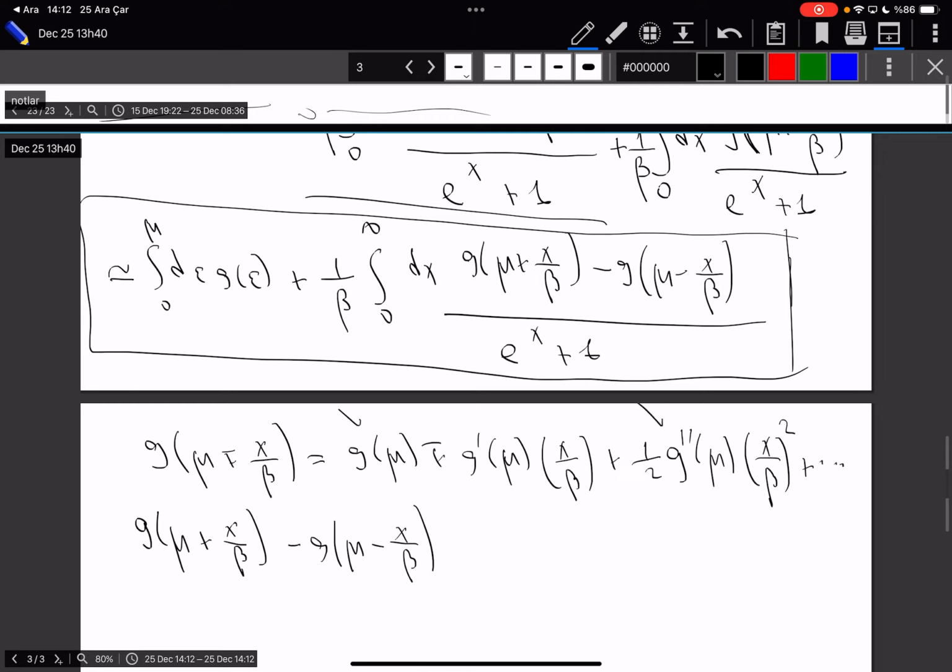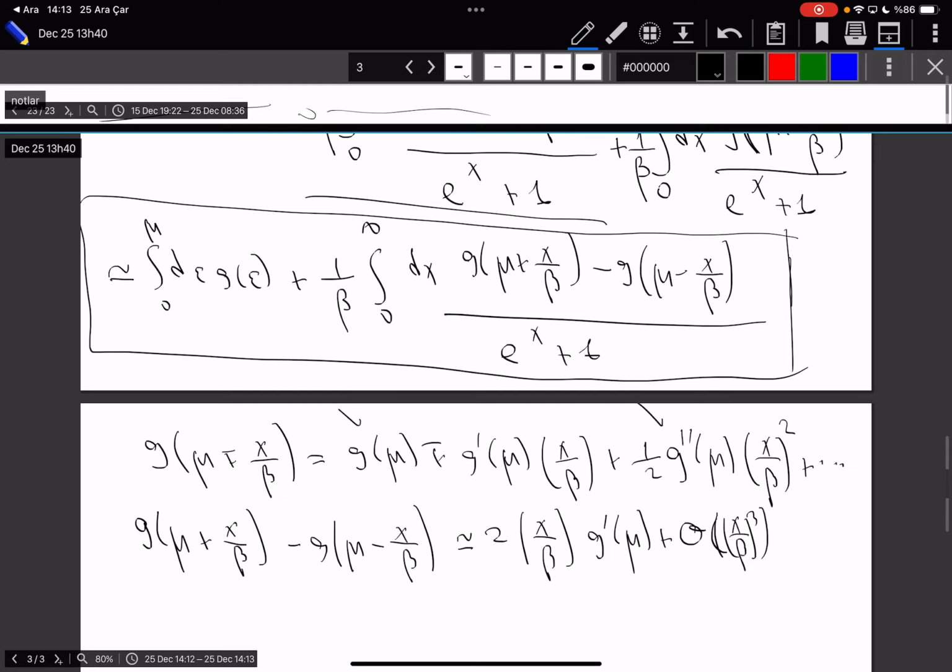This term again has the same sign in both of those terms, so they also cancel. So I am left with twice x over beta times g prime of mu, plus higher order terms. But these higher order terms are actually of the order of x over beta cubed, not squared. Squares cancel.